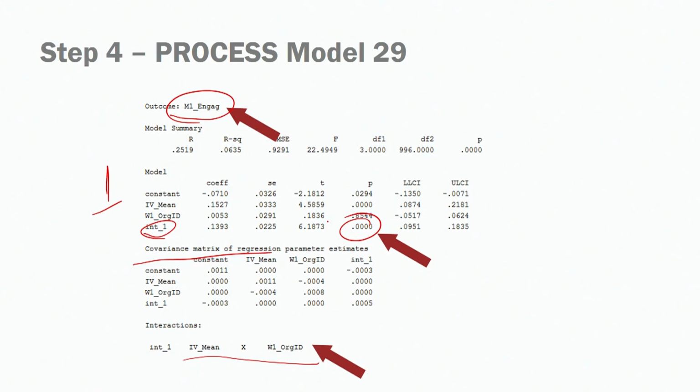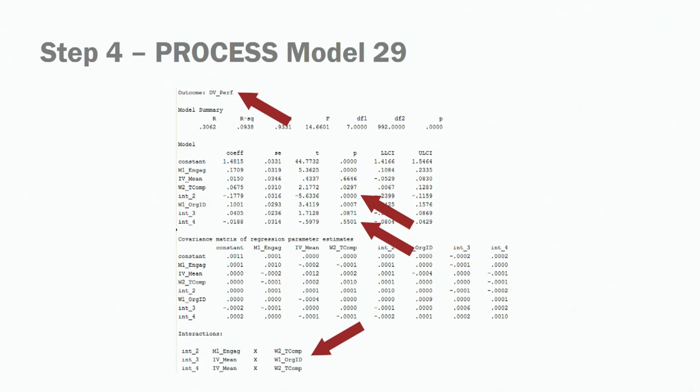We do find a significant relationship between this interaction term and engagement. P is less than 0.05. And here you have the covariance matrix for these parameters. You will need these coefficients to plot the interaction and actually run simple slope analysis.